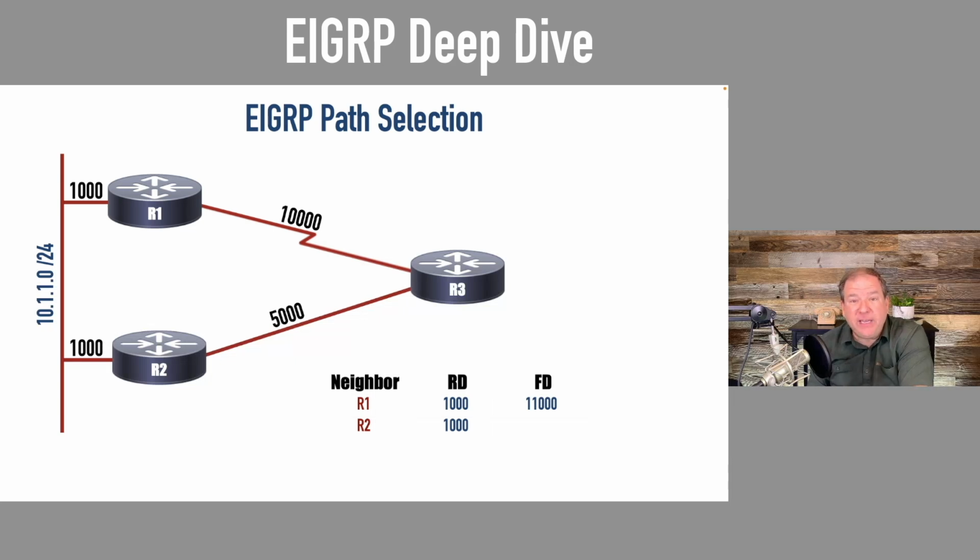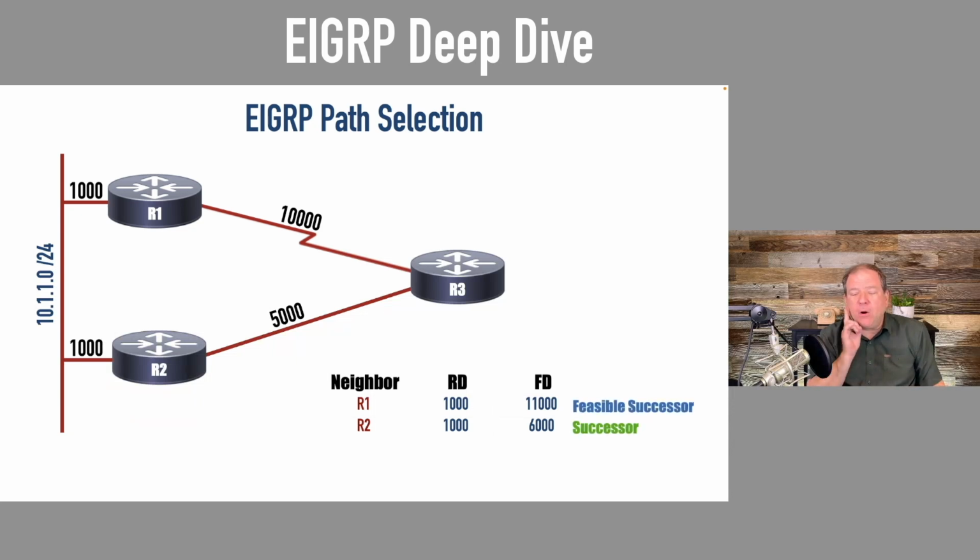Okay, what is the feasible distance then? It's the cost to get to R2 of 5,000 plus R2's reported distance of 1,000. That's going to give me a feasible distance of 6,000. Well, I'm going to go with the lowest cost. I'm going to go with the R2 path because it has the lowest feasible distance. That becomes my successor route at that point.